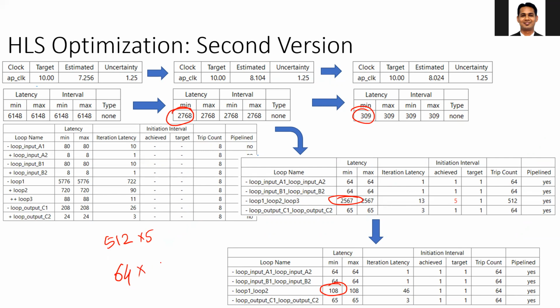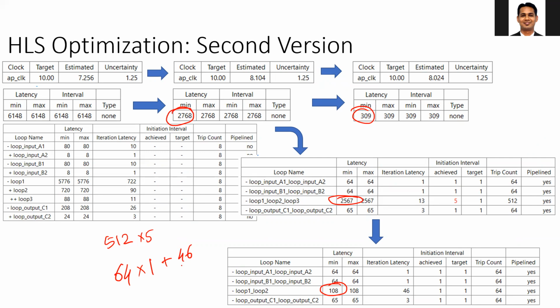But you can see that my initiation interval is 1. So my total time is 64 plus 46, which comes around 108 if you ignore the first and last clock cycles. Okay, so this is the advantage of the pipelining, which helps you start your iterations as early as possible, and unrolling, which helps you get rid of the iterations.